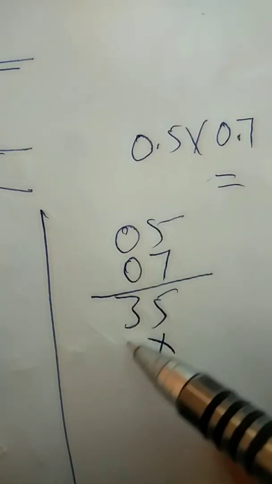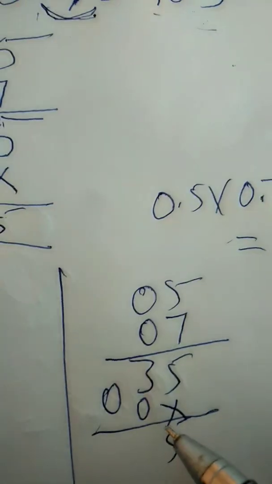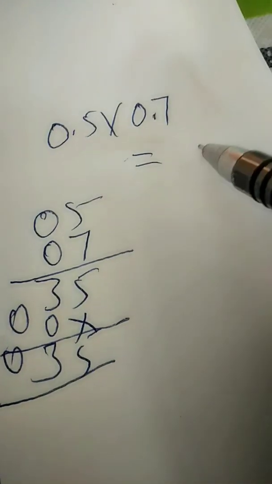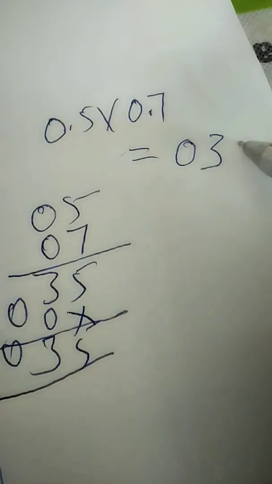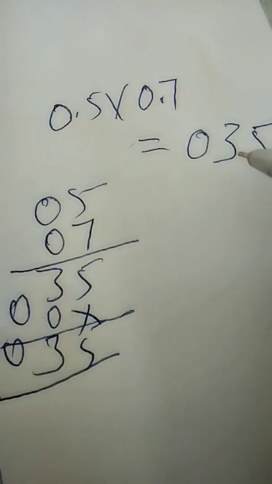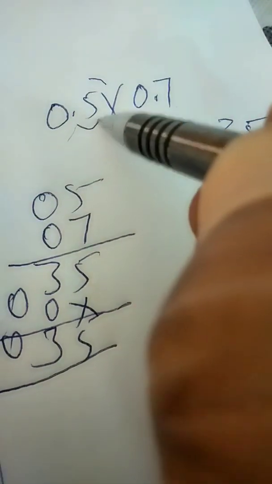After the 0, 5 sevens are 35, so without decimal, the answer is 455. Now we will use the decimal here. Why? Because there is a decimal in the multiplicand and multiplier. So how many digits after the decimal?